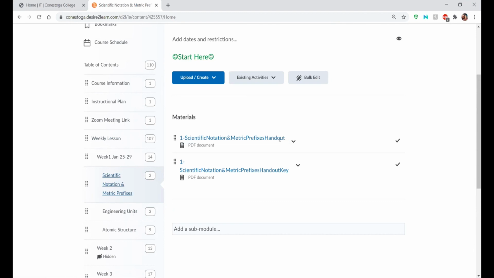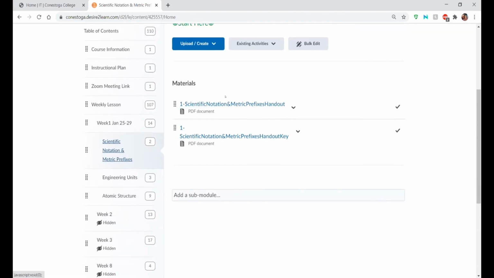The first component in today's course: I want you to notice that you have two handouts here. Handout number one is about scientific notation and metric prefixes. You can see that handout number one also has another handout right at the bottom called the handout key.